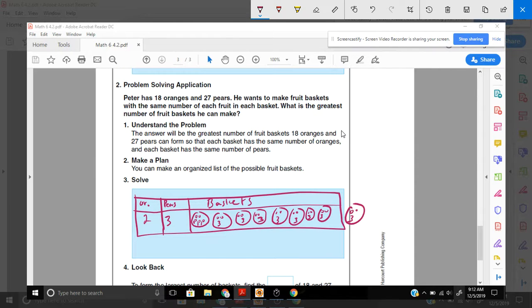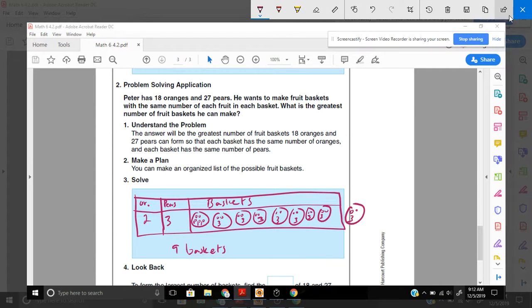I have 3 pears in each basket, and I have 2 oranges in each basket. How many baskets did I make? 1, 2, 3, 4, 5, 6, 7, 8, 9. The greatest number of baskets he can make is 9 baskets.